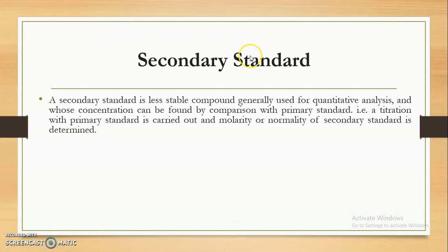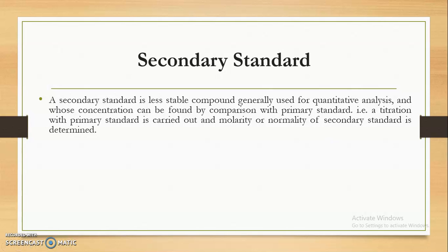So a secondary standard is a less stable compound generally used for quantitative analysis and whose concentration can be found by comparison with the primary standard. That is, the titration with the primary standard is carried out and the molarity or normality of the secondary standard is determined.